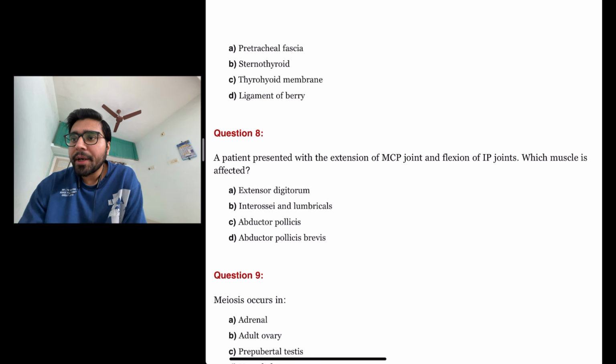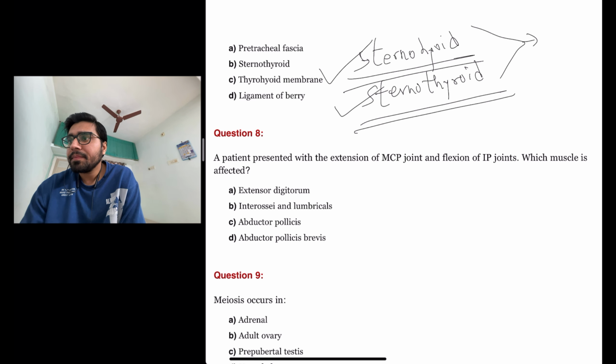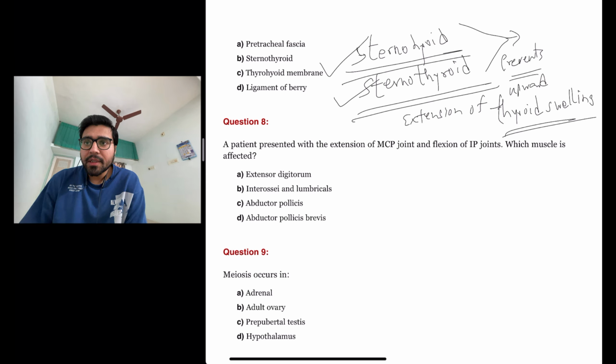So actually sternohyoid and sternothyroid are two muscles which prevent the upward extension of thyroid swelling through their muscle attachment. So the answer here is B, sternothyroid.